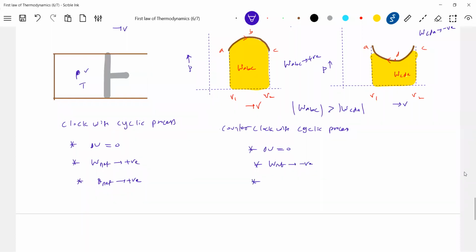It is 0. Net work done is negative. So net heat is rejected by the gas.